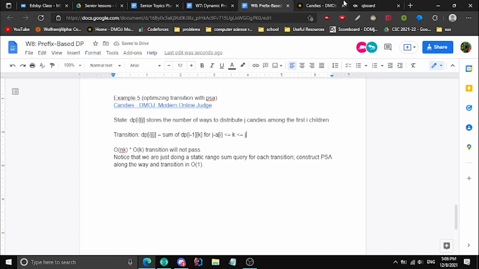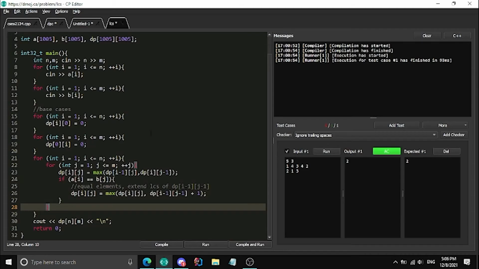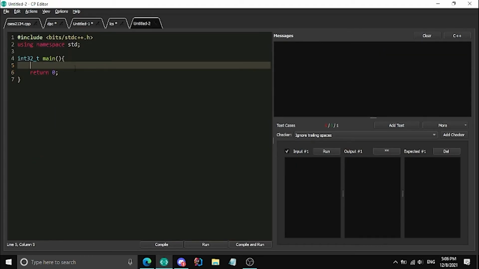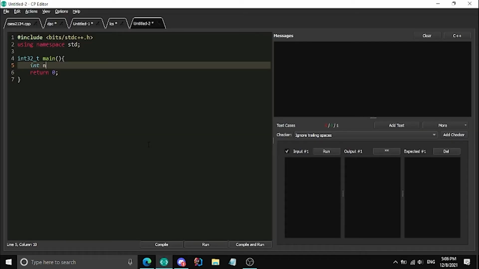Okay, so if we were to implement the solution, actually I'm going to do that instead of hypothesizing. So I'm going to take an input of n.